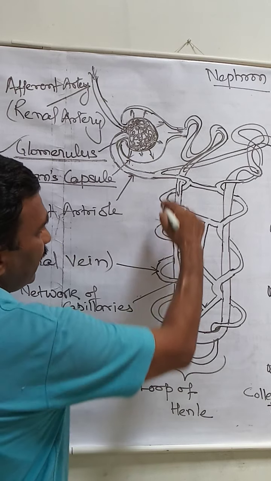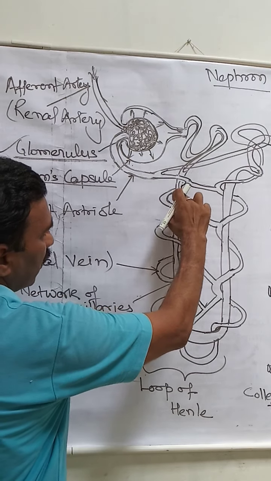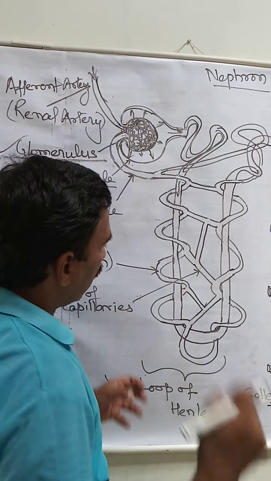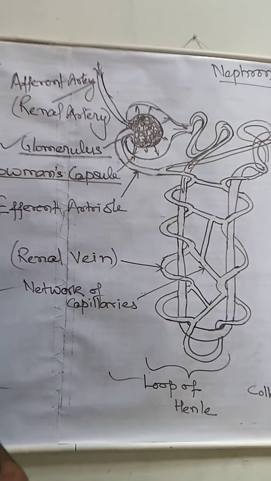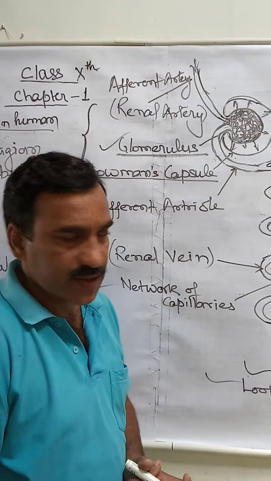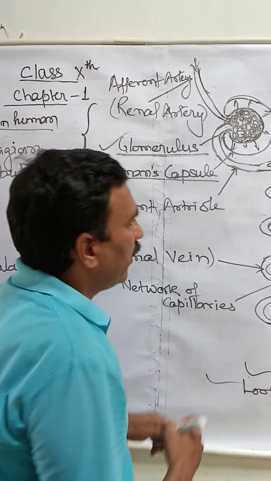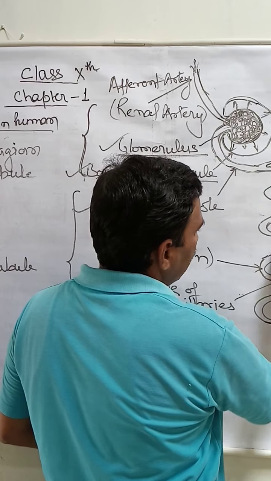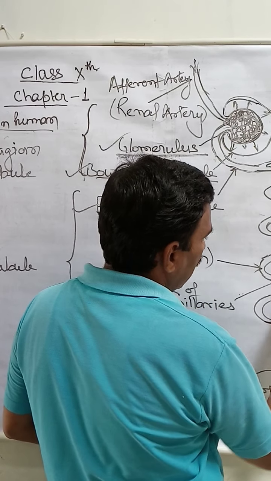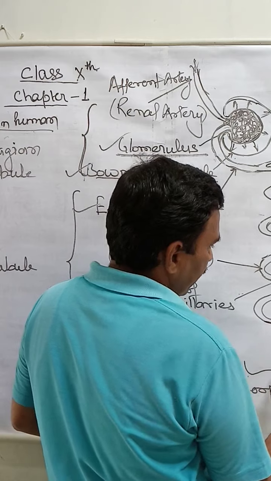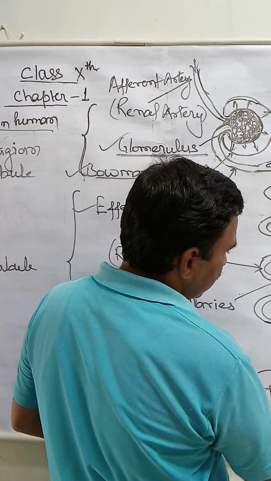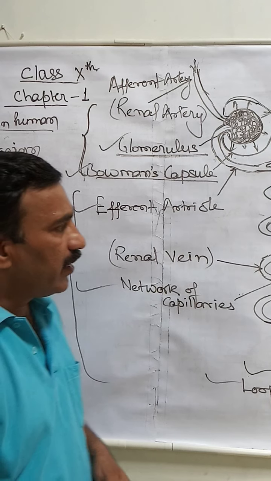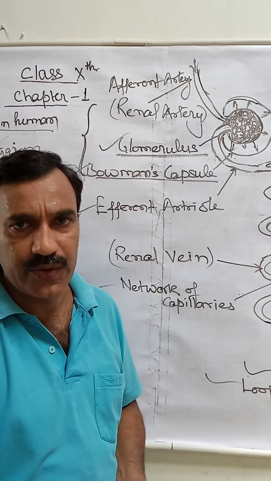When these coils come into contact with this proximal tubule, they again reabsorb most of the useful substances. At the site of their contact, they reabsorb all the useful substances such as minerals, ions, salts, glucose, amino acids, proteins, vitamins, except for the uric acid and the urea.